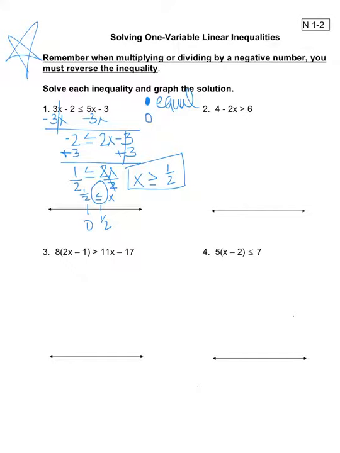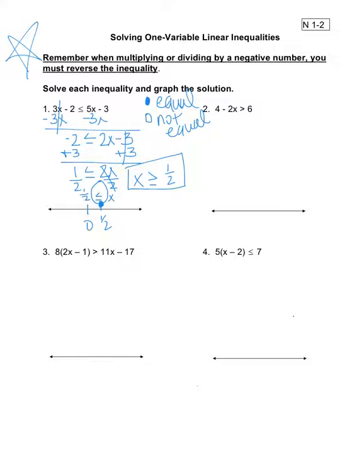My bad. Okay, so not equal there. Okay, so it says x can be anything greater than or equal to a half. So we're going to have a filled in point on the half because it's equal to a half, so make sure you fill that in. And then I want you to draw an arrow the direction that your solution is.